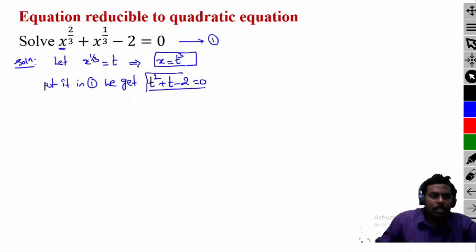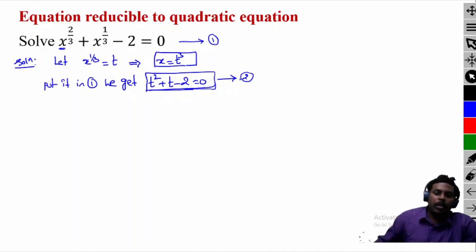Now this seems to be a quadratic equation. Let us call it equation 2. Now what we will do is, first we will try to solve equation 2 and later on we'll try to solve equation 1 with the help of this substitution.